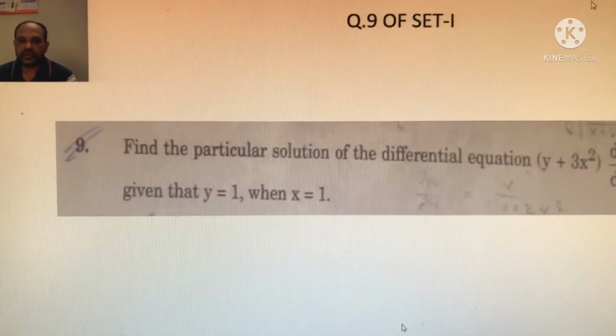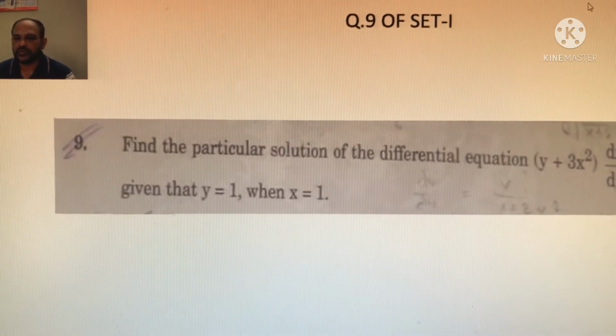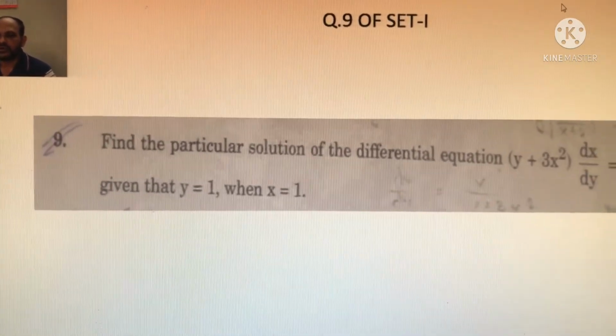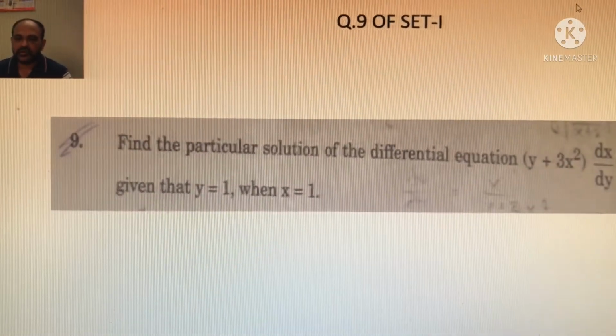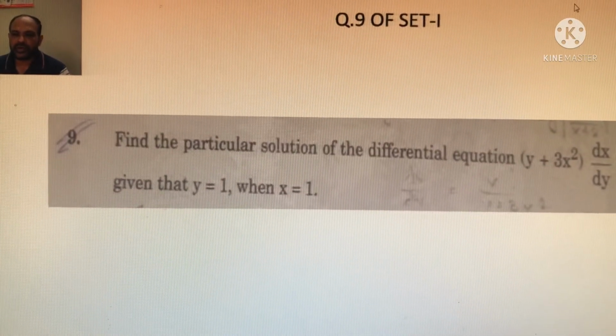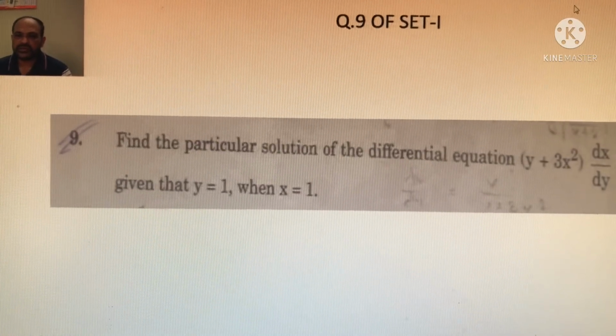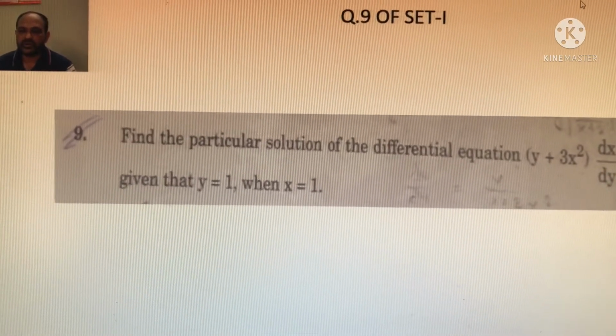Next question is, find the particular solution of the differential equation y + 3x² dx/dy = x, given that y is equal to 1 when x is equal to 1. This is question number 9 of set 1.